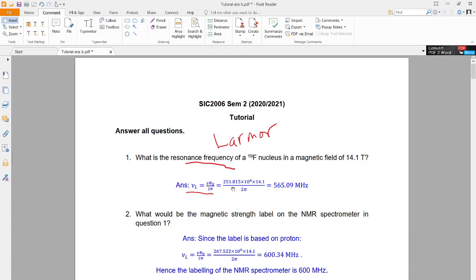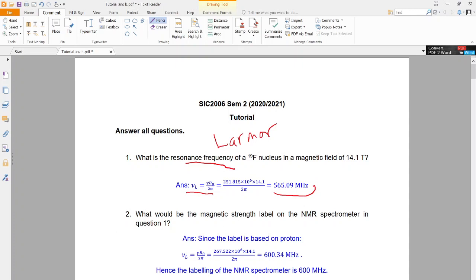So all you have to do is look at the table that's given in the notes at the end of the tutorial here. The magnetic field is given as 14.1, so you get the resonant frequency to be of this value.